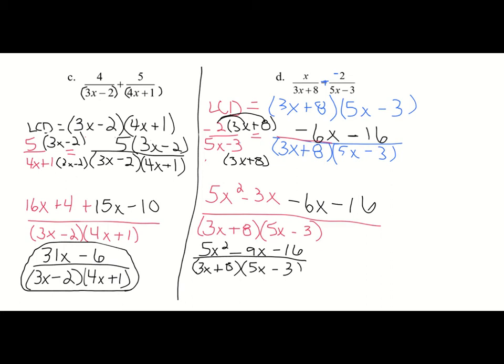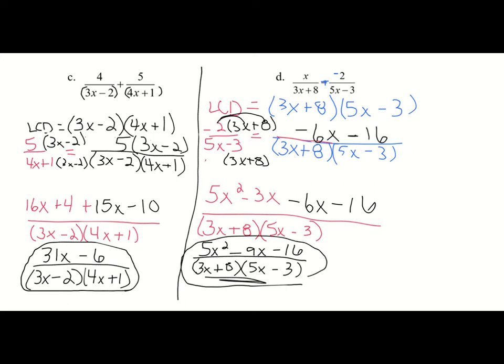Now we can look at the 5x squared minus 9x minus 16 and see if it is factorable. It is factorable, but when we factor it, we get 5x minus 16 and x plus 1, which are neither of these two factors here, so we can't simplify.